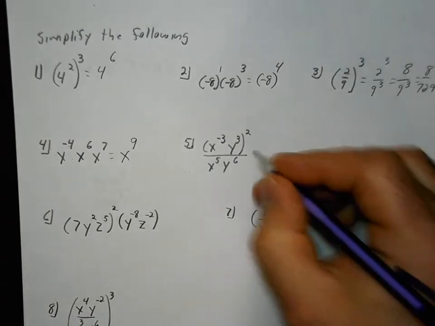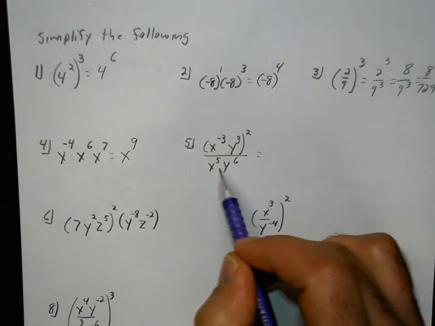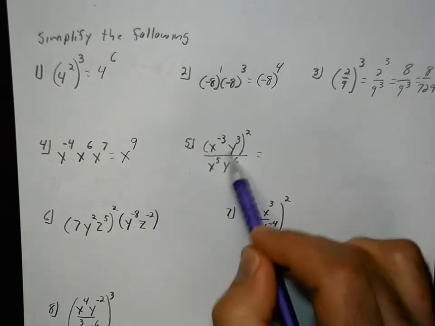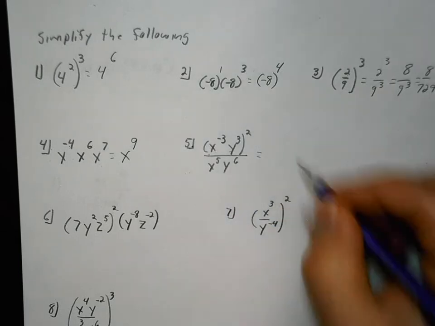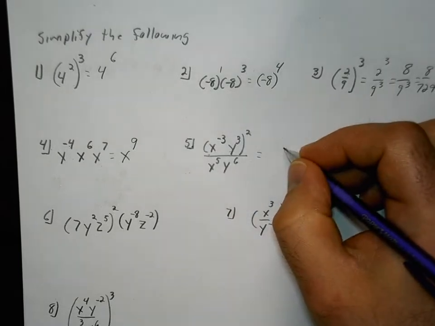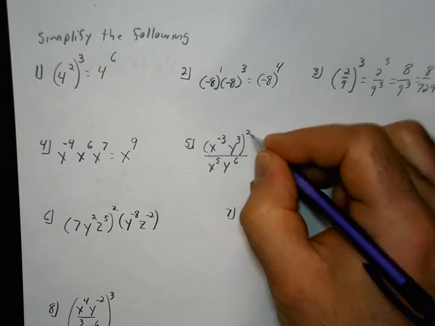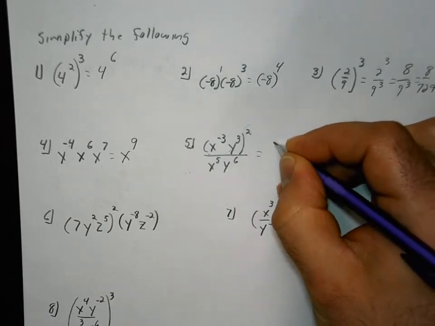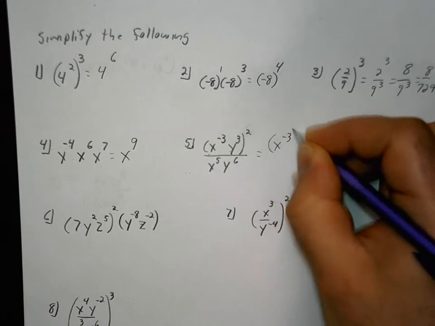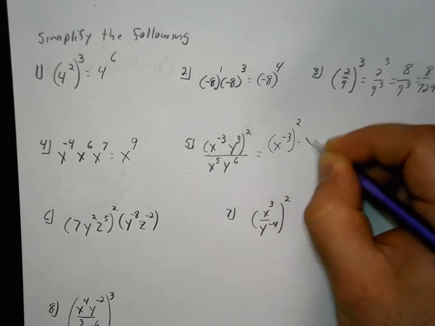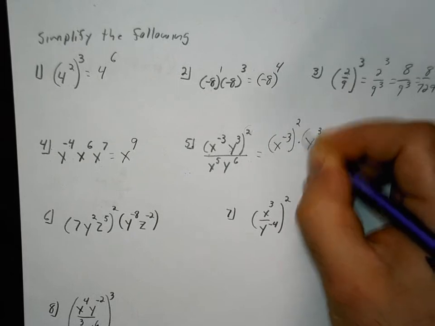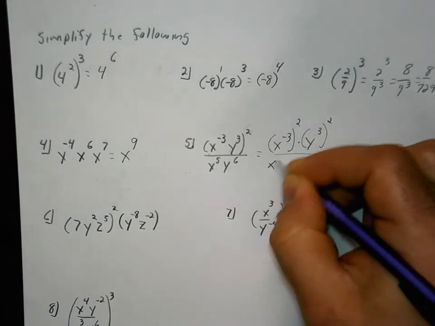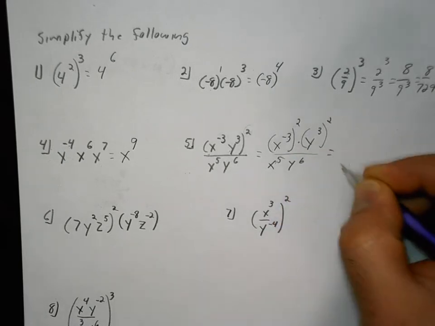Okay, this one is going to get a little more complicated. This one we have a power of a product. So we are going to bring this squared into each one of those terms in there. So we get x to the minus 3 squared, y to the 3 squared, and then x to the 5, y to the 6.